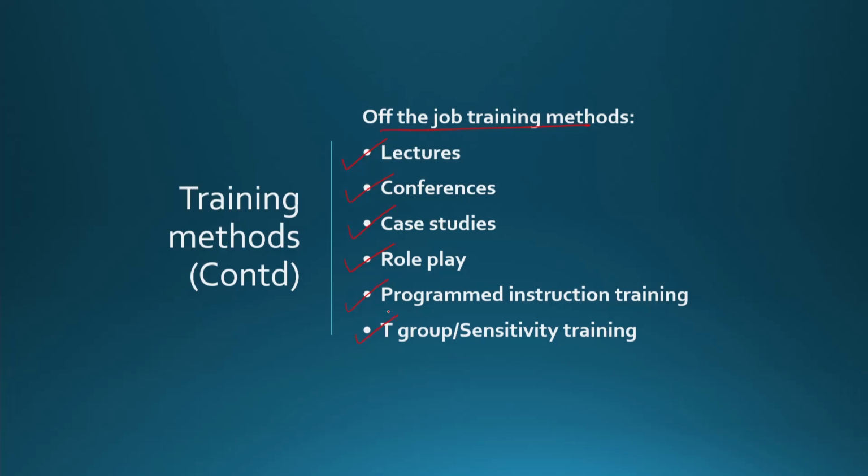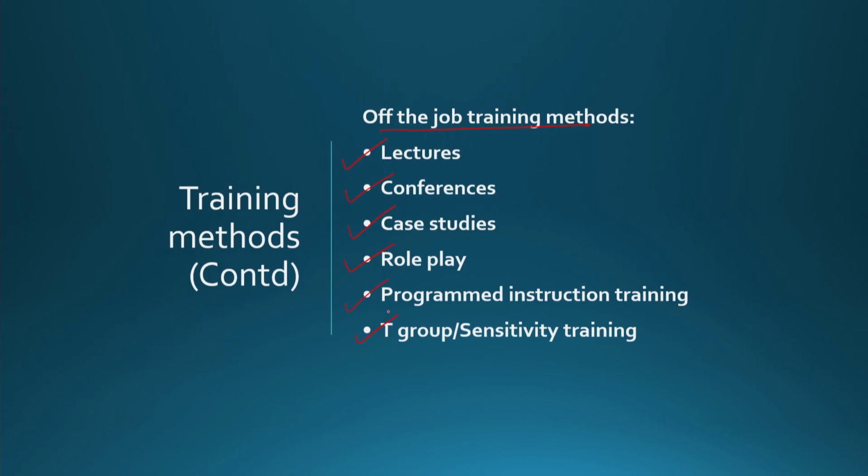And then comes the T group and sensitivity training, which is one of the most beautiful trainings ever. In T group or sensitivity training, this is generally done to unwind the team members who are working on a particular project for quite long. During this working, they might have developed certain grudges about each other. So what happens?